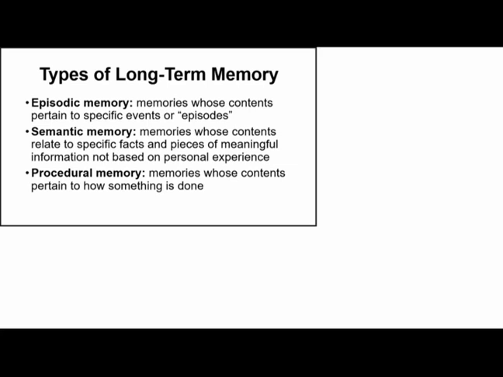And so we can actually talk about a little bit of a bleed between the two of these. I use the example of the capital of Canada. You can probably tell me that the capital of Canada is Ottawa. So that would be a semantic memory. But maybe you're one of those people with a really good memory and you remember the first time you learned that fact. You were sitting in a geography class, probably in grade 4 or something.